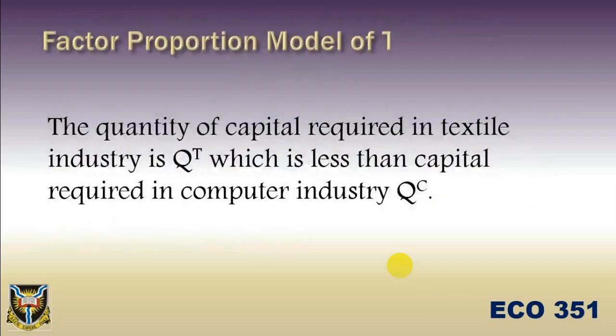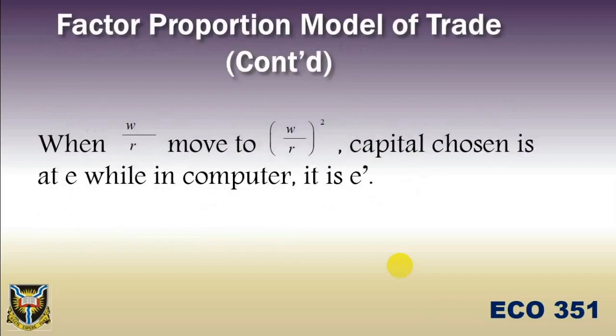At W/R equal to one, the quantity of capital required in the textile industry is QT, which is less than the capital required in the computer industry, QC, where W divided by R moves to W over R for capital intensive is at E, while in computer it is E prime.